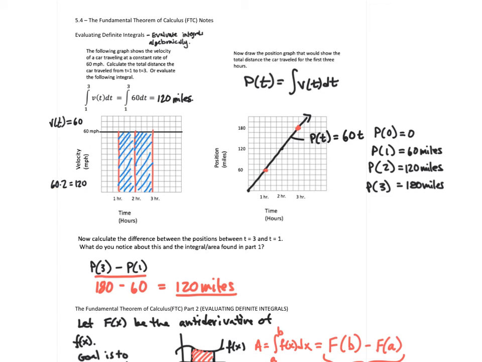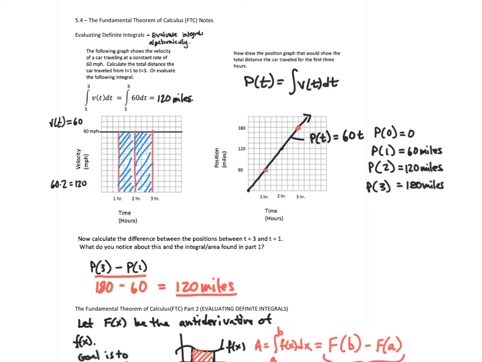But if we take the antiderivative of our velocity, which gives us 60t, then we can find the positions at those different points, and take the difference between our positions to calculate the total area under the curve.